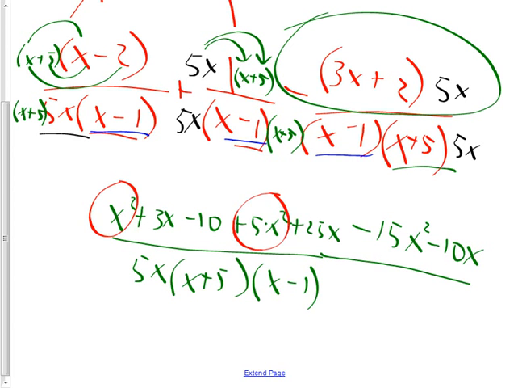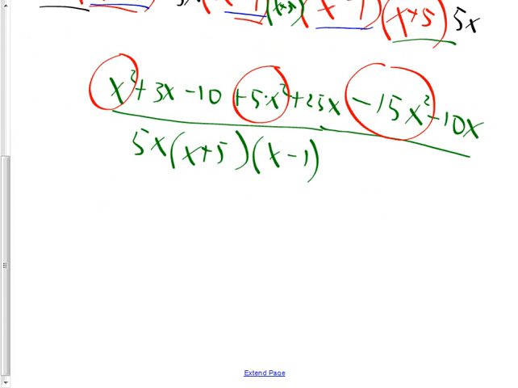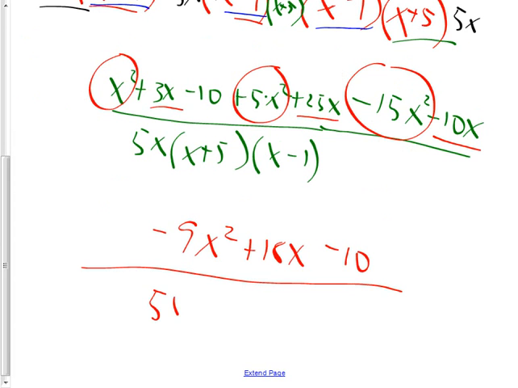That, and that, and that all go together. So the top would be, let me think now, that's going to be negative 10, and 1 makes negative 9x squared. 28 minus the 10 would be plus 18x minus 10, all over the same denominator.